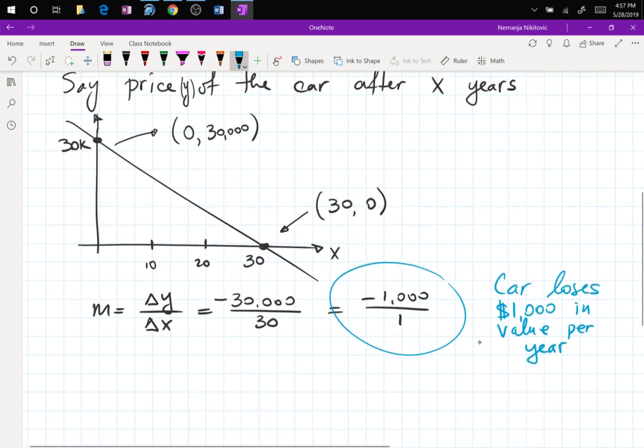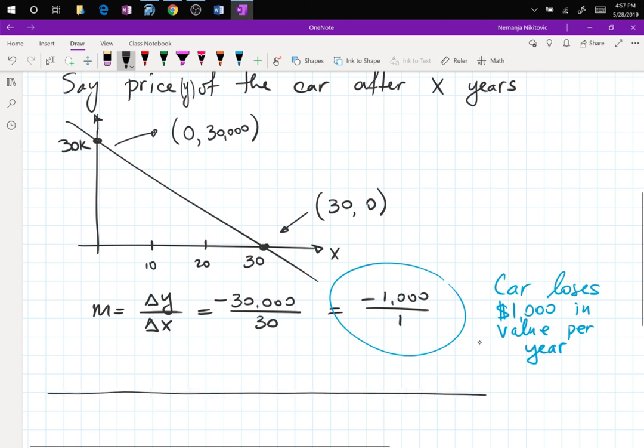That's the way we understand the slope. Car loses $1,000 in value each year. So 30 years later, in our case over here, it has zero value because every year you deduct 1,000.